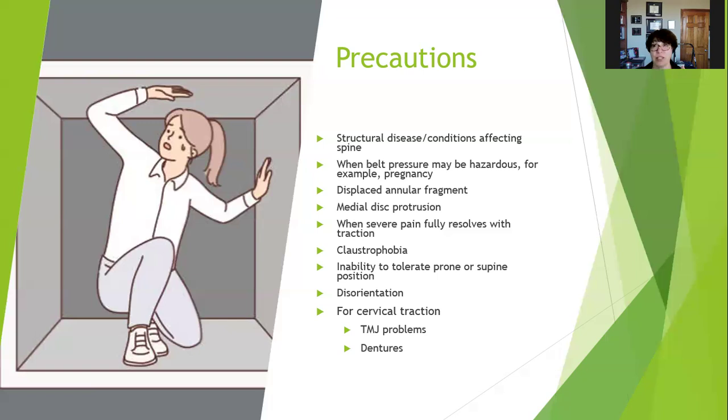If they're disoriented. For cervical traction, if they have TMJ problems, cervical traction could aggravate it, or dentures. You could have fit issues with the dentures. So for cervical traction, you just want to watch jaw stuff.